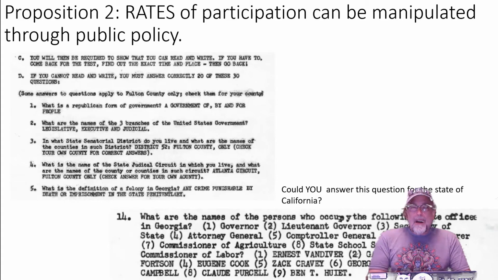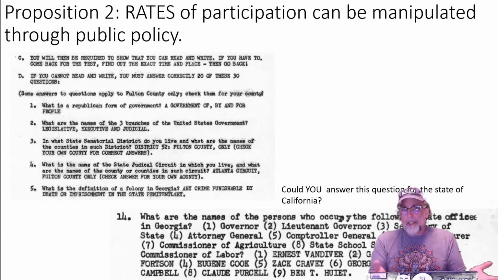Now, you can come back at another time when we're going to give a literacy test that tests that, but we'll also allow you to do an oral test. But the oral tests were incredibly impossible for most people.